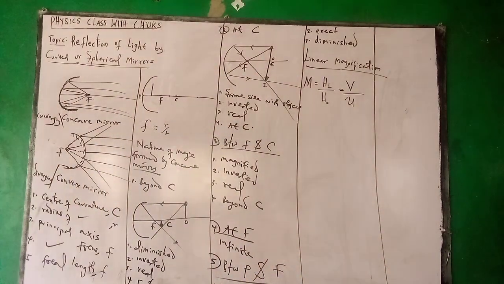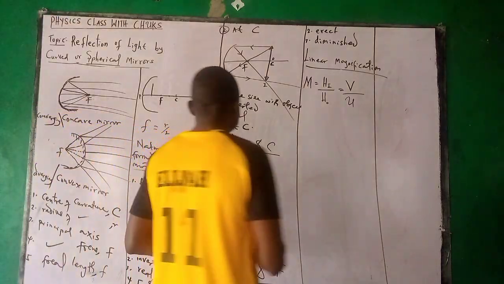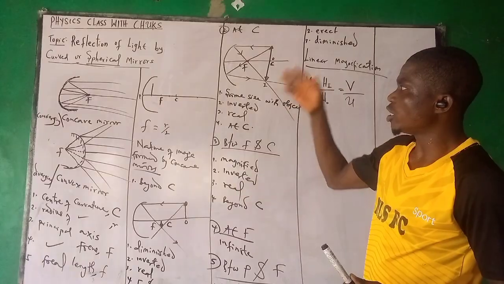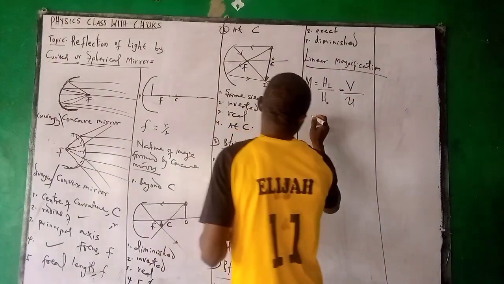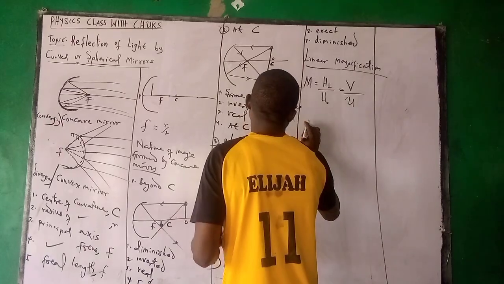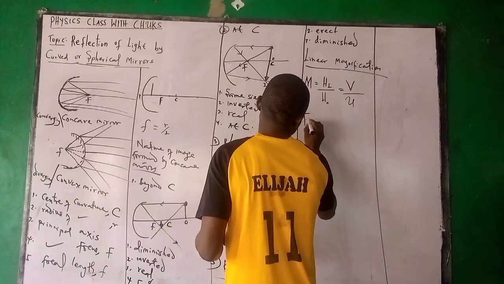Then the next thing you have to know is the general formula for the equation of a mirror, that is, the mirror formula.